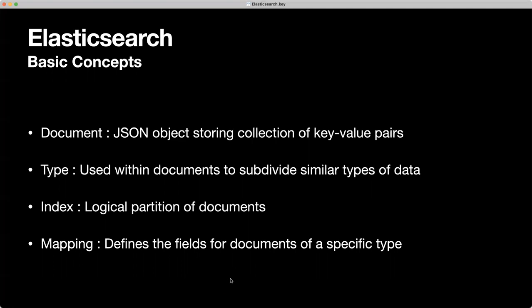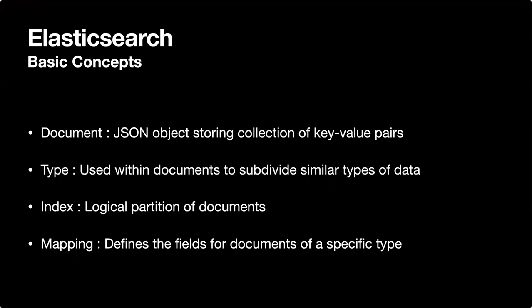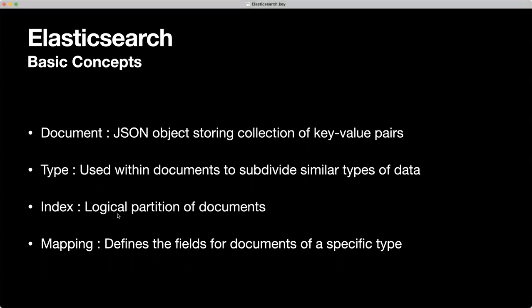Can you explain the type field again and why it is deprecated in the coming releases? Yeah, type is just a field stored within the document. We talked about the use case where an index can store any kind of document. So I might have a user document and a product document in the same index. Now, how do I differentiate between these?